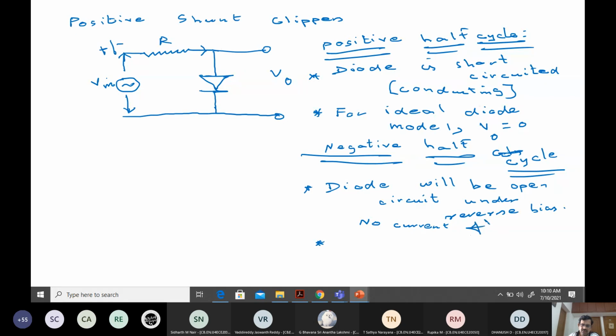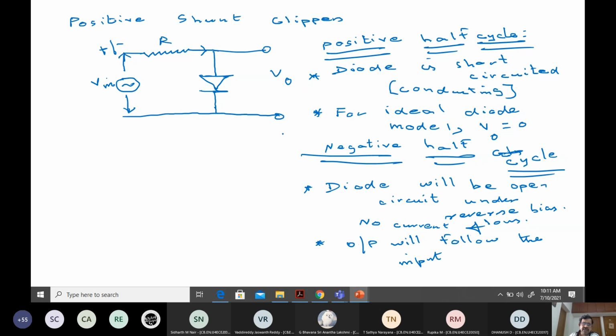No current flows. So output will follow the input. Because when there is no current, there won't be any current flowing through this. You will be measuring across whatever output you measure, you will not be getting any current.